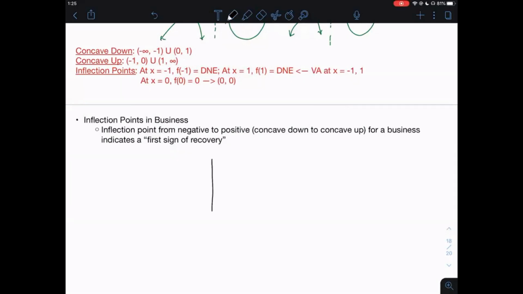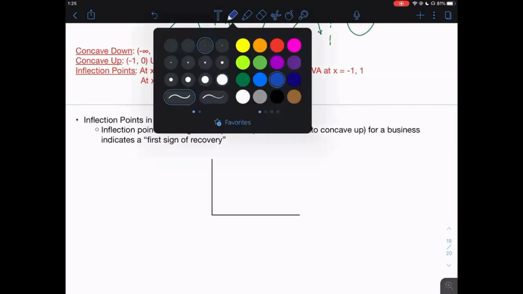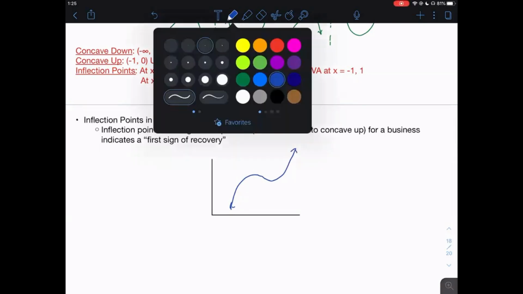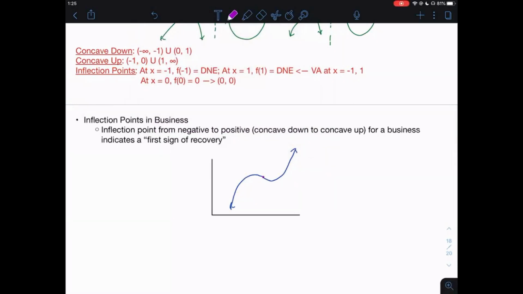Suppose we have a function that looks like this, for business. The function is concave down, and at some point it changes direction and concaves up. That point where it changes direction and curvature is known as a first sign of recovery.